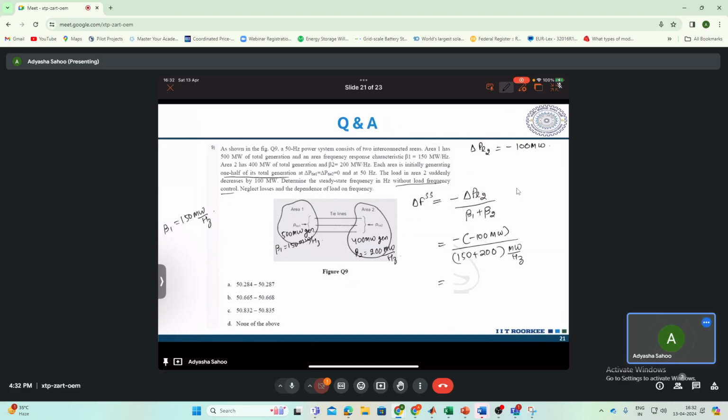So this will give you 0.28571 hertz. So the frequency is 50.28571 hertz. So 50.28 is option 1.